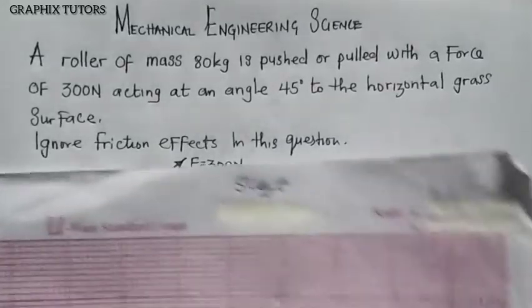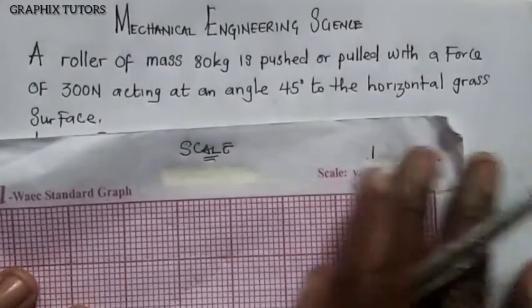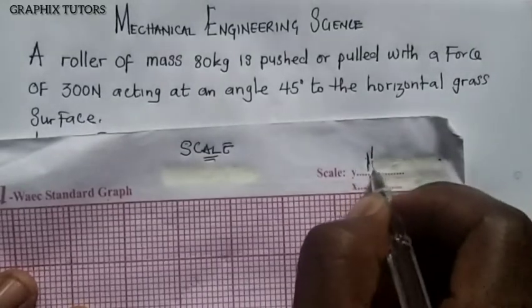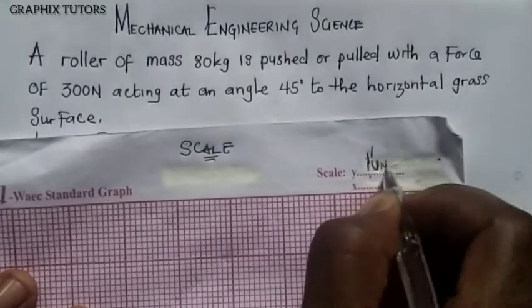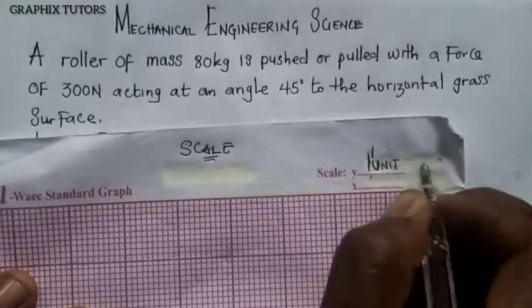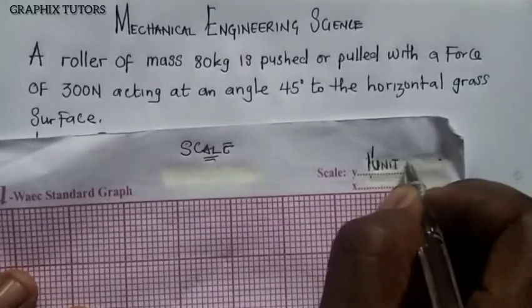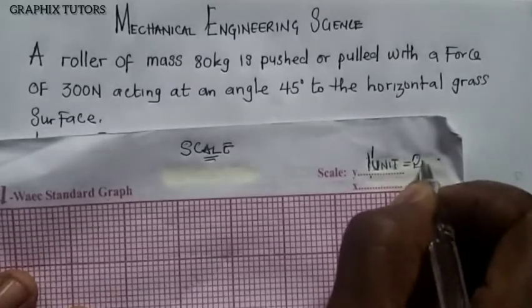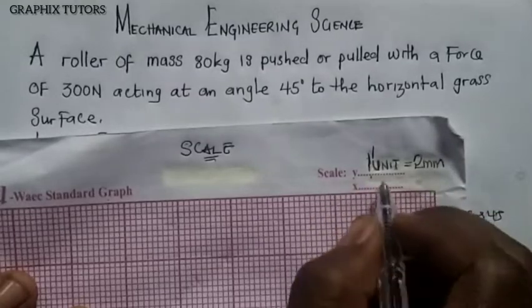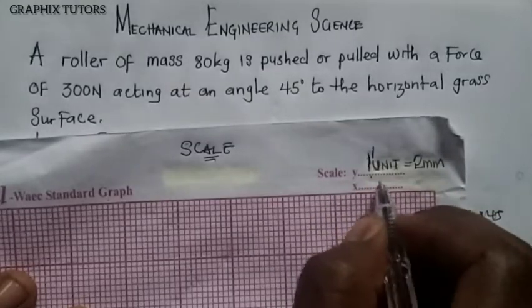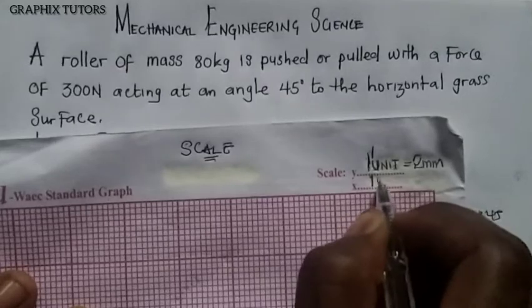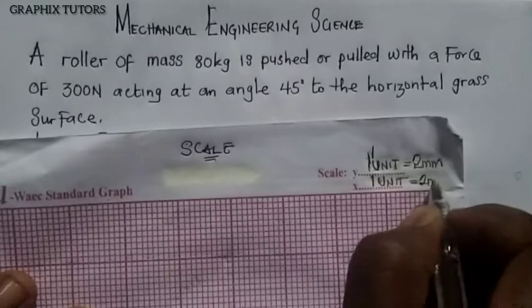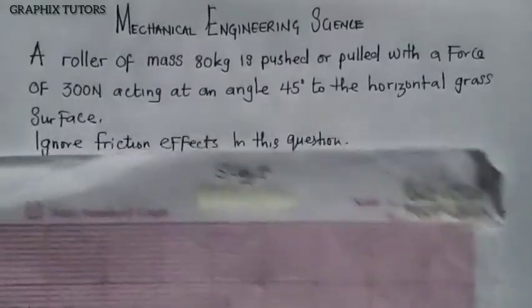So maybe I will say that the scale I want to use should be, to every 1 unit, I'll be measuring 2 millimeter in the y-axis, and also to every 1 unit I will have 2 millimeter on the x-axis.